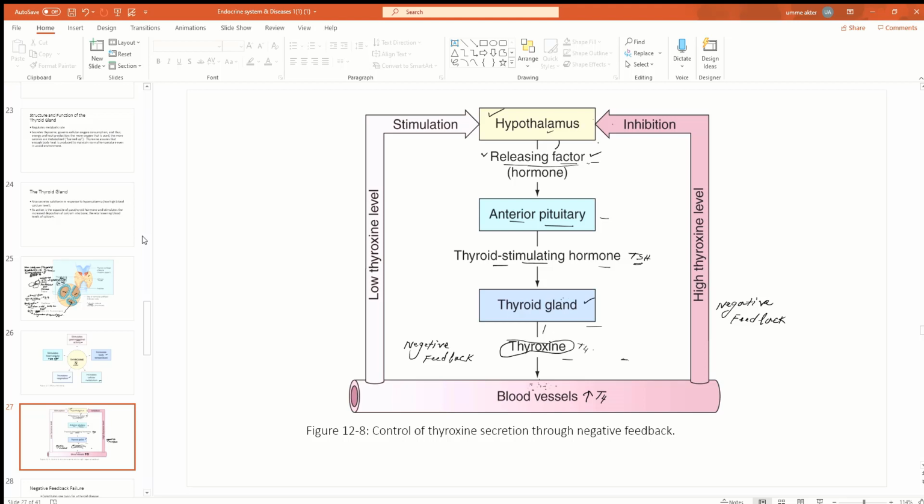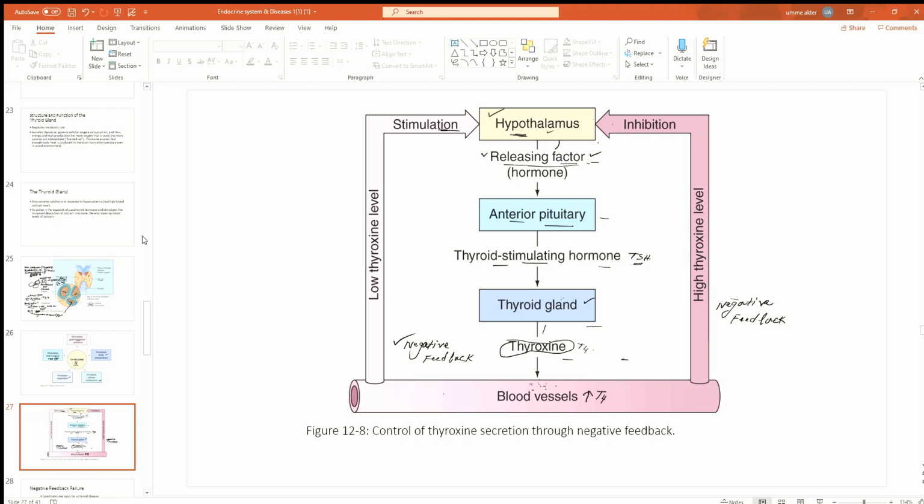Now, if hypothyroidism occurs, and in the blood the level of thyroxine is less than normal, then that will stimulate the hypothalamus to release the releasing factor. In most cases, endocrine hormonal secretion is controlled by a negative feedback mechanism.